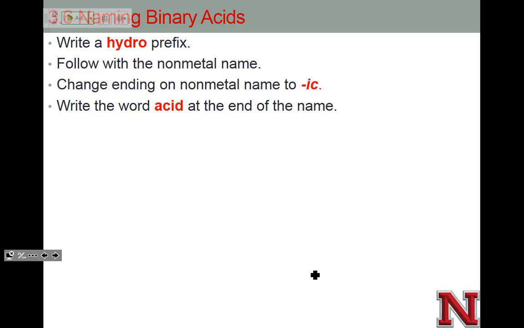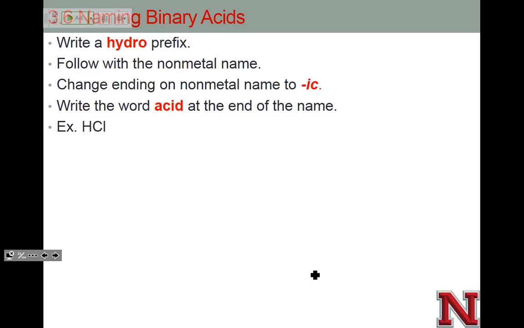So for binary acids, it's pretty straightforward. We're going to write the hydro prefix for the H, followed by your nonmetal name, but instead of the ide ending, it's going to be IC. And then you write acid at the end. You have to include the word acid.